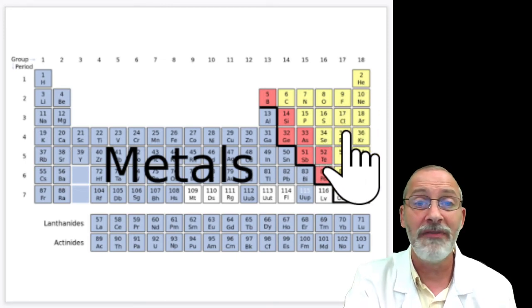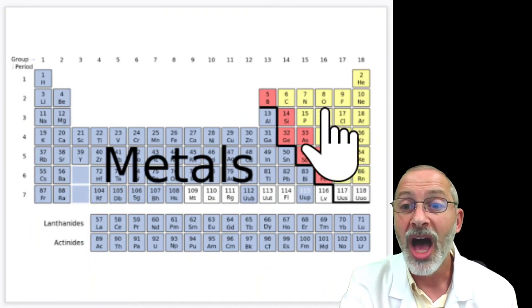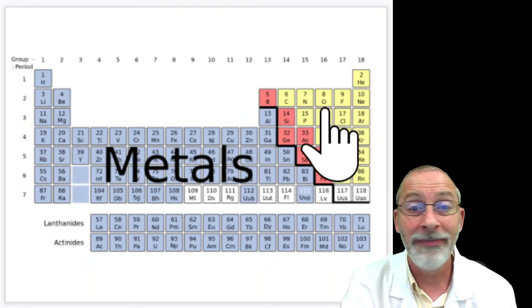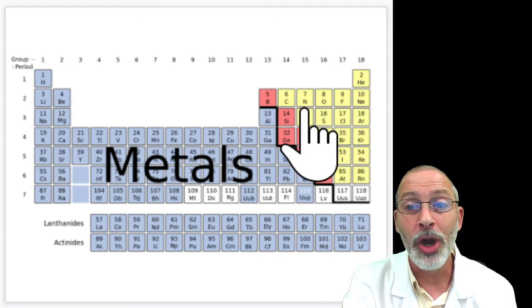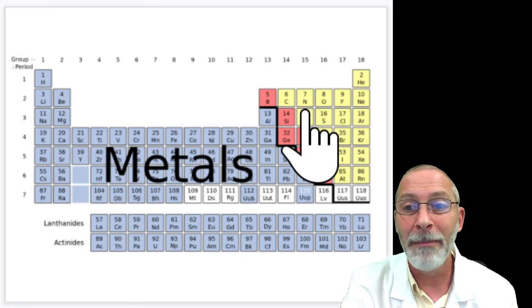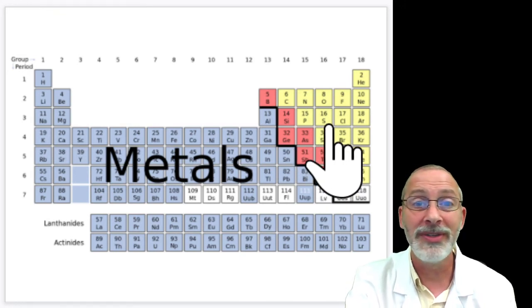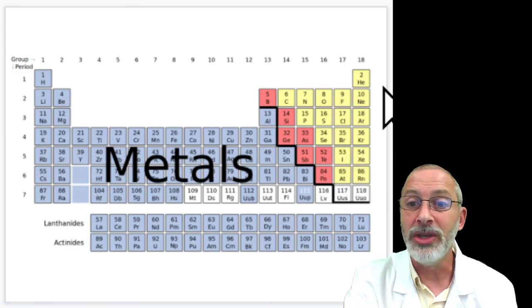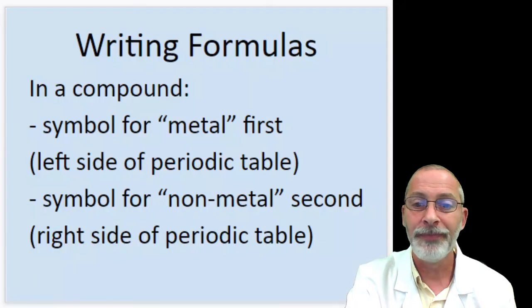And if you think of just finding some common ones that you do know, like O for oxygen, oxygen's not a metal. I'm sure you already know N for nitrogen. Nitrogen's not a metal. And now you know S for sulfur. Sulfur is not a metal. These are not metals over on the right-hand side of the periodic table.